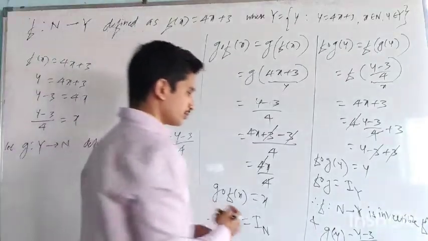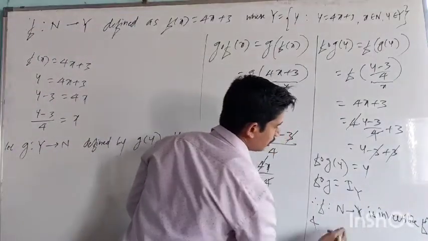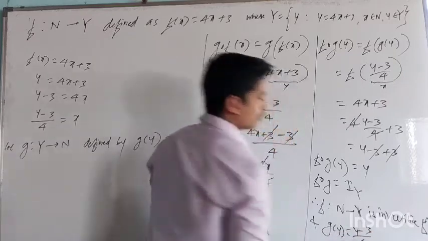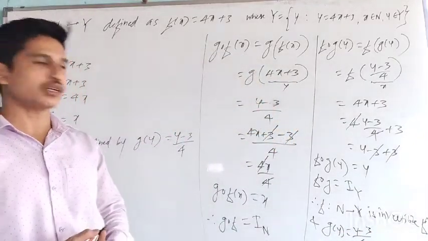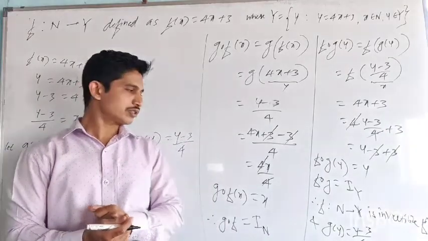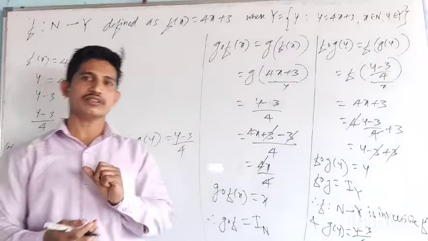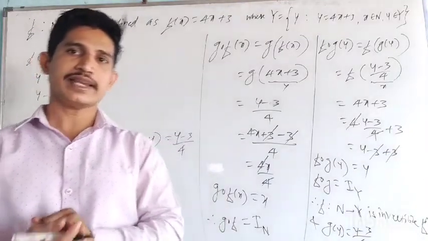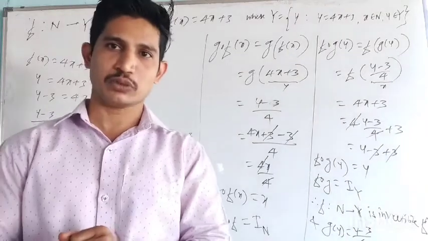So g of y is equal to (y minus 3) divided by 4. Clear? So that is how to prove that a function is invertible. In the next classes we will solve some more examples.